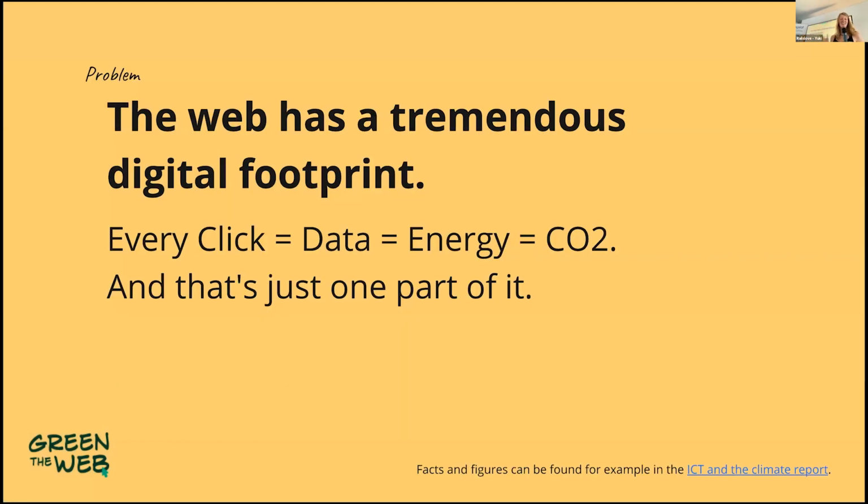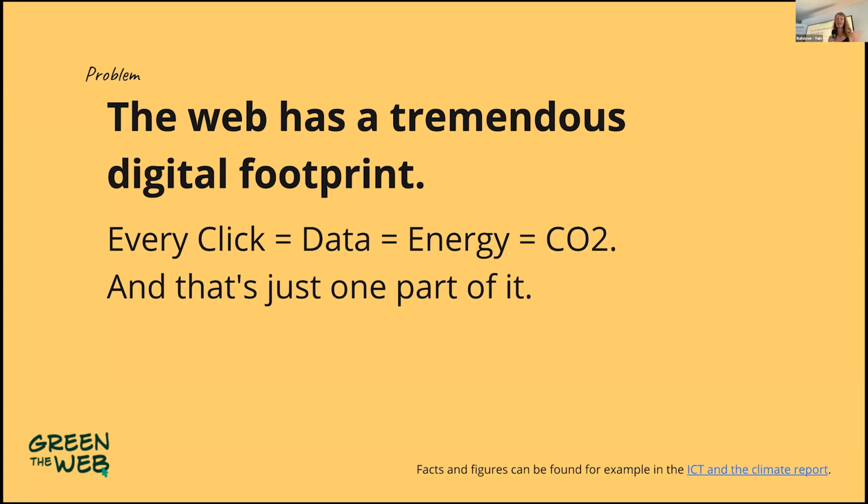And there are two problems. The first one is the web has a tremendous digital footprint, which means, especially when we talk about the huge data centers that there are in this world and all the telecommunication networks, all the devices that have to be built for the internet to be used, especially as it's even faster, even more, and even greater and more entertainment and all of those things.